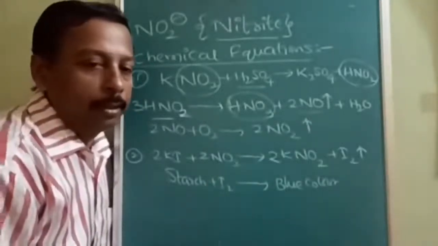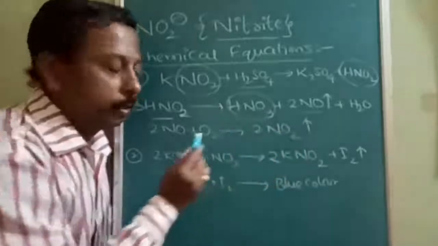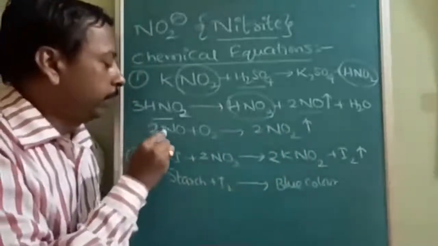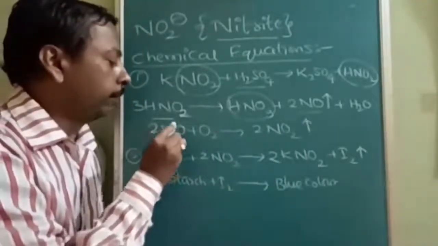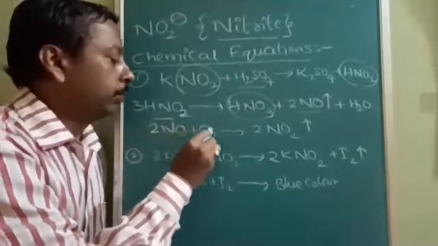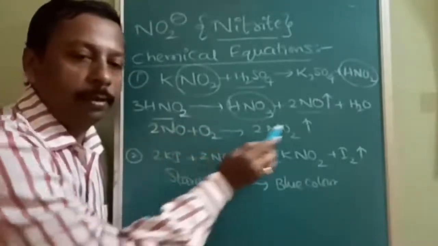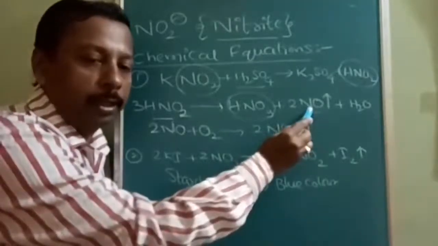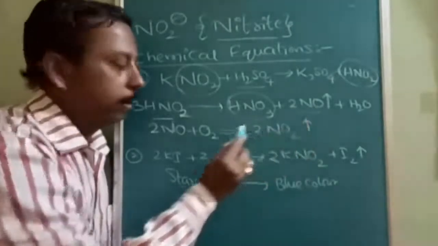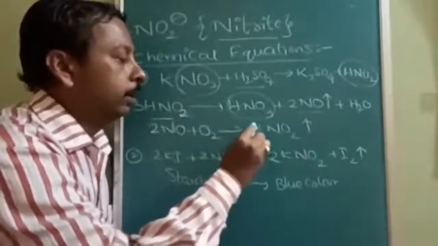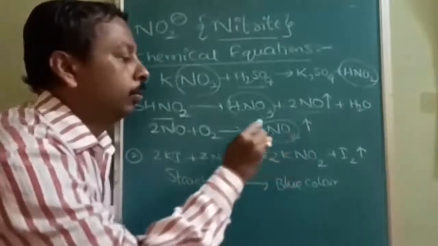What is it? Nitric oxide. This nitric oxide, when it is evolved into the atmosphere, reacts with atmospheric oxygen, the nitric oxide released in the previous step. They both react with each other to form NO2.